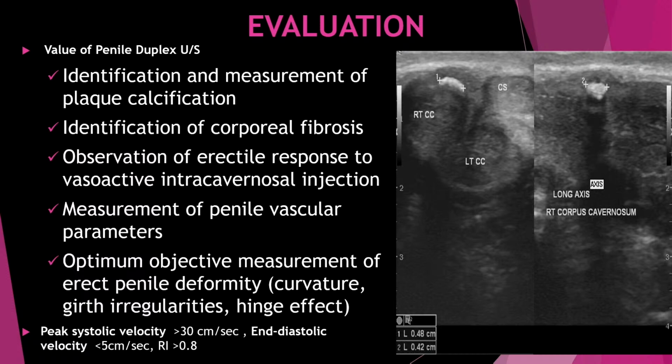It is also important to know the vascularity of that penis so that you will know whether erection will be sustained even after you've done your surgery. It can also help you in diagnosing the fibrosis of the corporal bodies and the calcification.